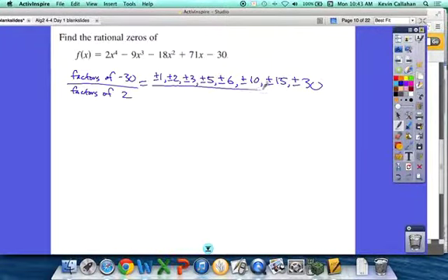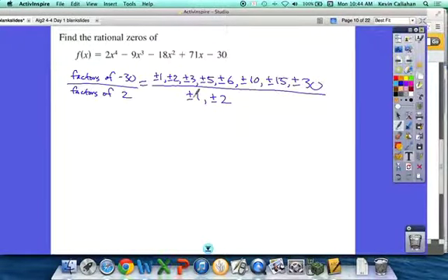Okay, and what are the factors of 2? Plus or minus 1, plus or minus 2. Now we have to take, which we didn't have to do on those first ones, all the possible combinations of the factors in the numerator divided by the possible factors in the denominator. So it'll be 1 over 1, 2 over 1, 3 over 1, 5 over 1, 6 over 1, 10 over 1, 15 over 1, and 30 over 1.